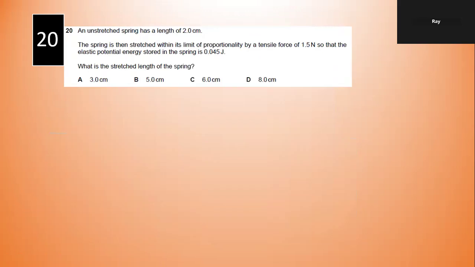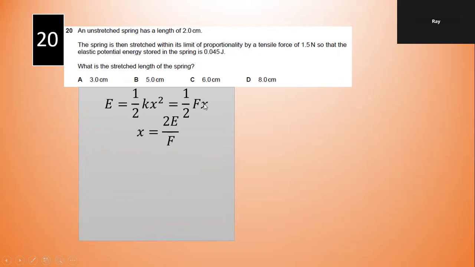An unstretched spring has a length of 2.0 cm. The spring is then stretched within its limit of proportionality by a tensile force of 1.5 newton, so that the elastic potential energy in the spring is 0.45 joule. What is the stretched length of the spring? D. That's the elastic potential energy formula.